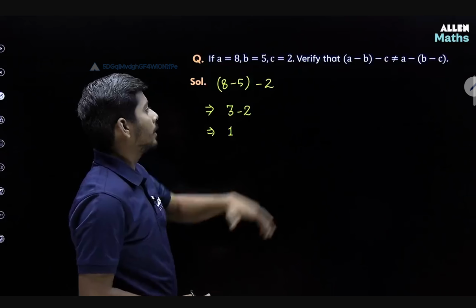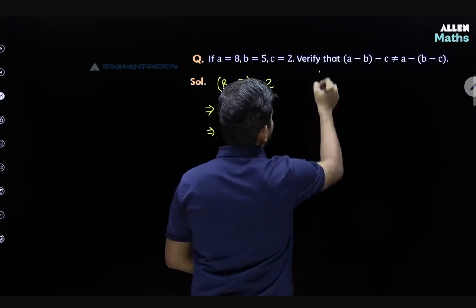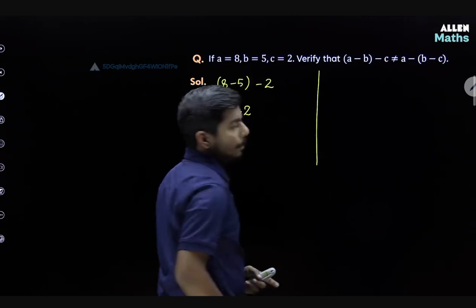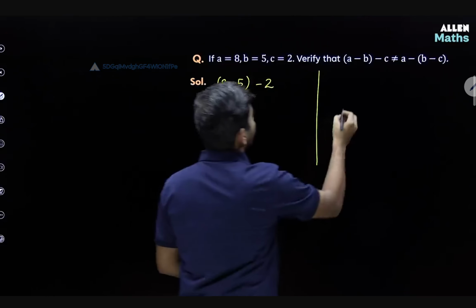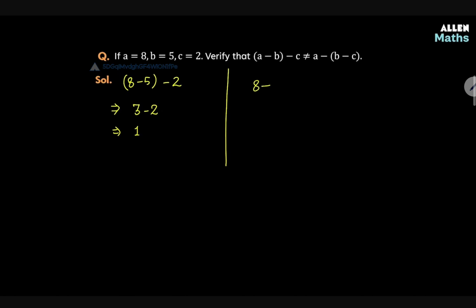Now on the other side we have to check for a minus b minus c. So a minus b minus c. When we simplify it, we'll get 8 minus 3, and this side will be getting 5.